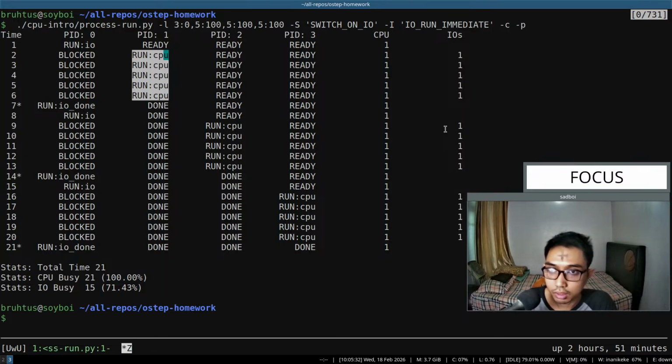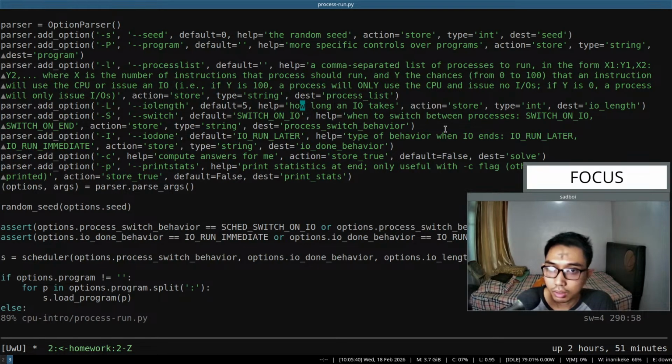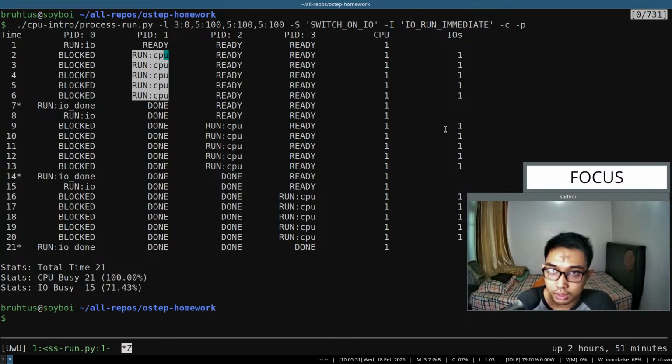It is the CPU process, and quite coincidentally, that's the word, coincidentally, is 5 for the CPU.